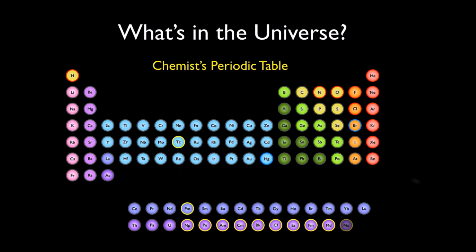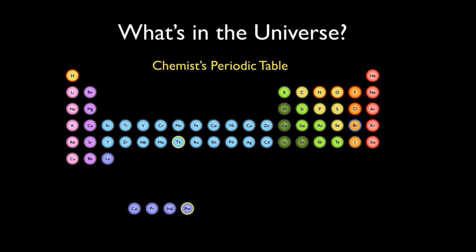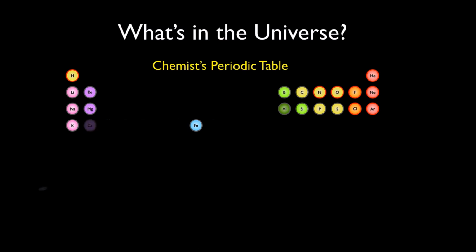But how did they get here, right? It turns out at the start of the universe, we didn't have any of these. If I simplify this table just a little bit to give you an idea of what the astronomers actually see, you can see they're going away. We're taking away most of them, and we're left with 11 elements on the periodic table.